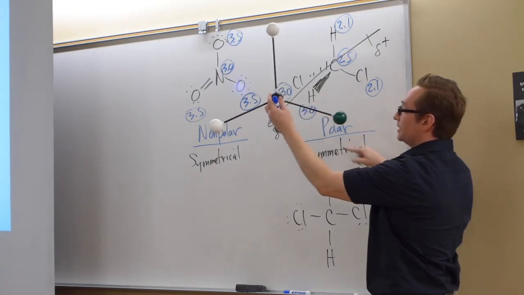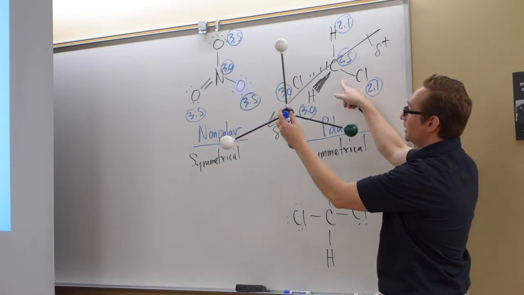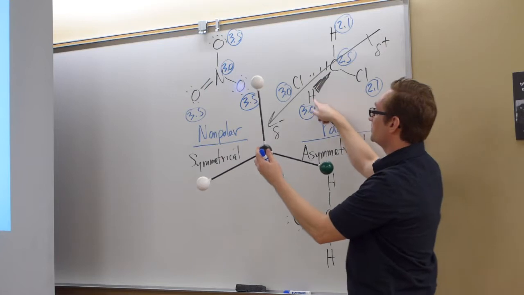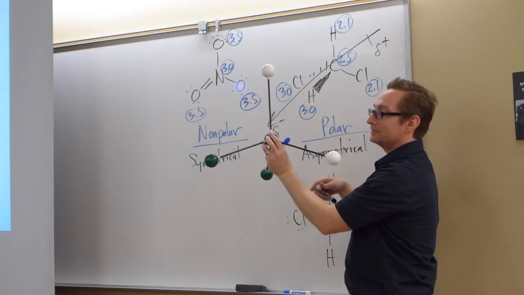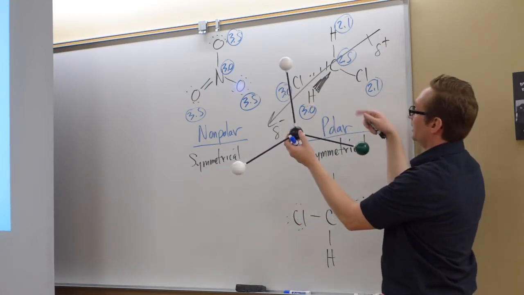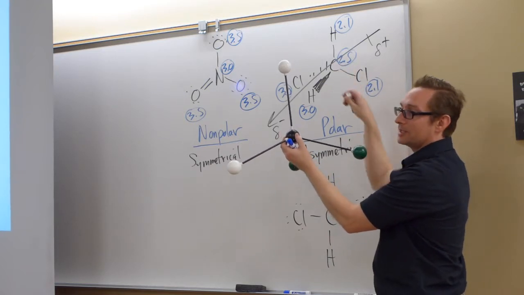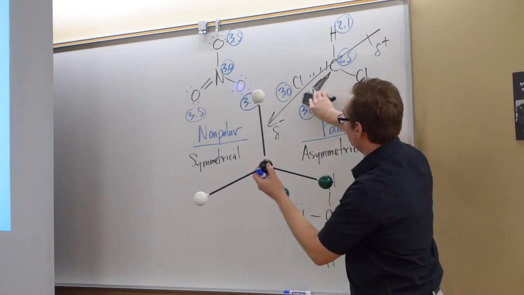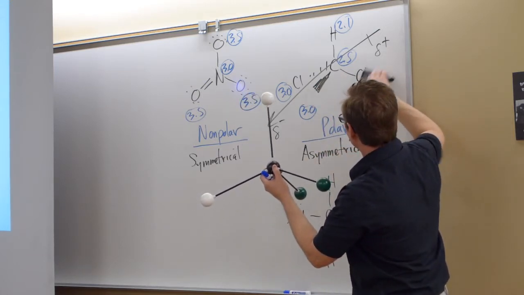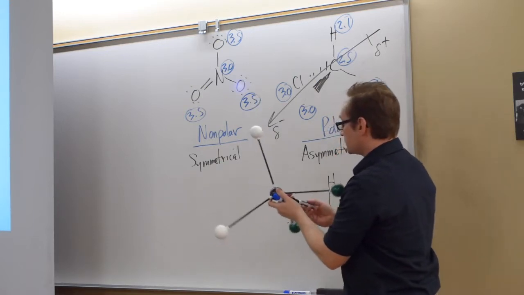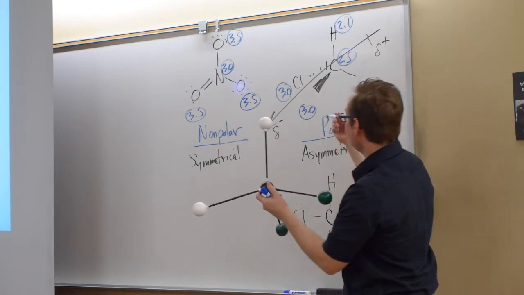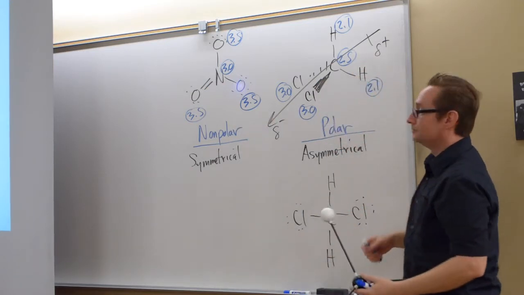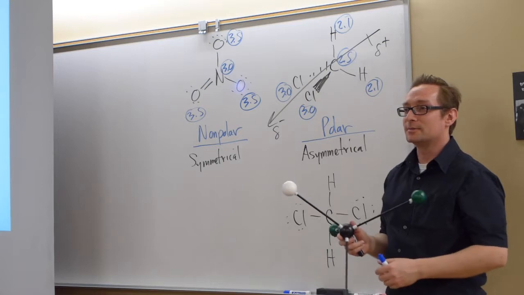It'd be pointing down into the plane of the board. That's really hard to draw on two-dimensional paper. So by convention, I always put the chlorines down here just to show it. Drawing a dipole moment into the plane of the board is hard. So if you see me just put the chlorines on one side of the molecule like that, that's why, just so I can draw it in two-dimensional space.